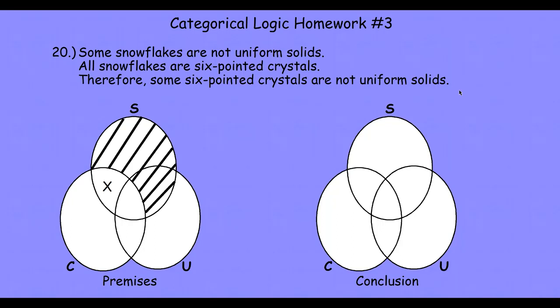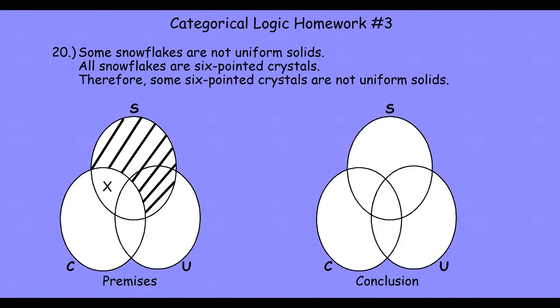So we know we can't put it in either one exclusively because that's more information than we'd have. If we put it in the S and C circle area, this area right here, then we would be saying it is an S, that's a snowflake, it is a C, a crystal, six-pointed crystal, and it's not a U.